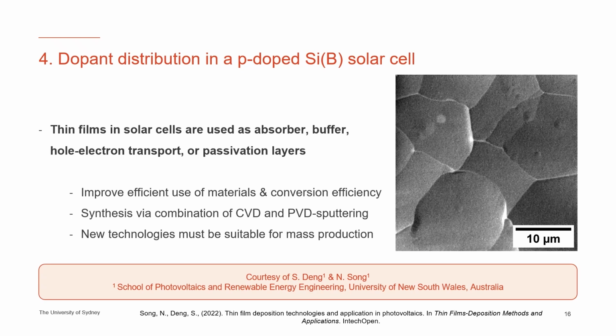These thin films are often synthesized by a combination of chemical vapor deposition and physical vapor deposition sputtering. However, that means that any new technologies or innovations must be suitable for direct mass production. More details about these devices you can find in the work from Shuo Deng and Ning Song from the University of New South Wales.